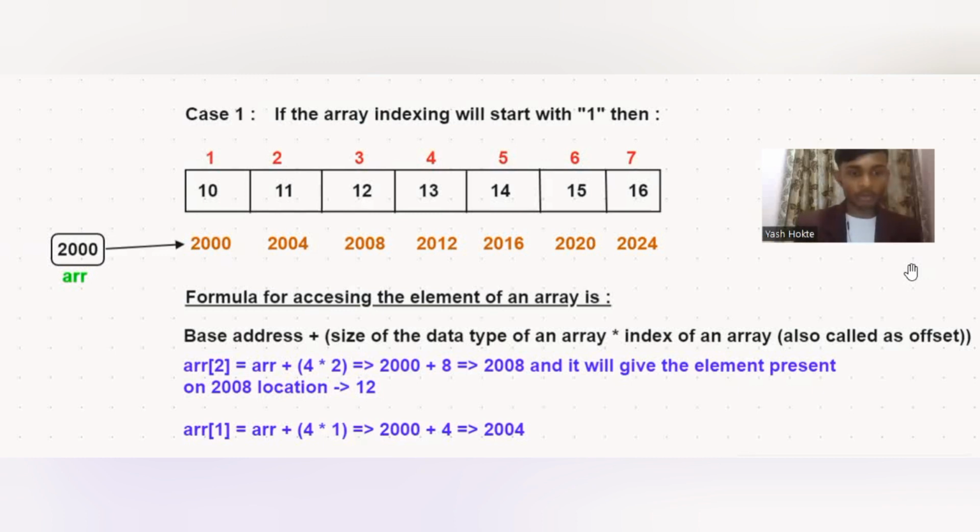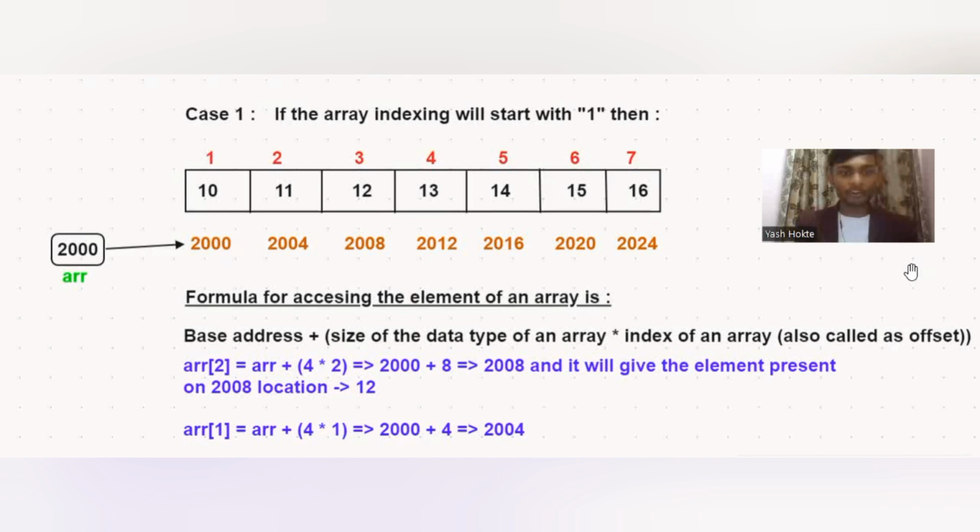For arr[2], the base address is 2000, plus 4 times the index, which is 2, so 2000 plus 4 times 2 is 2008. But at location 2008 the element is 12, while I want to access the element 11. According to the formula, it won't give the correct output.